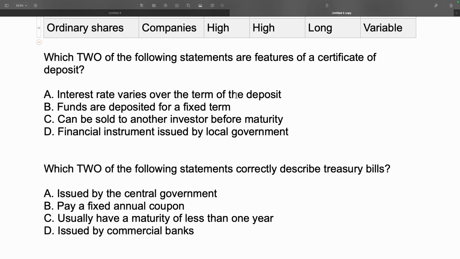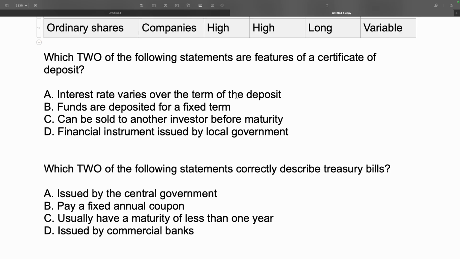Now let's go into this question. Which two of the following statements are features of certificate of deposit? So there is something called certificate of deposit, and you do need to know the characteristics of a certificate of deposit. Which two of the following describe treasury bill correctly?